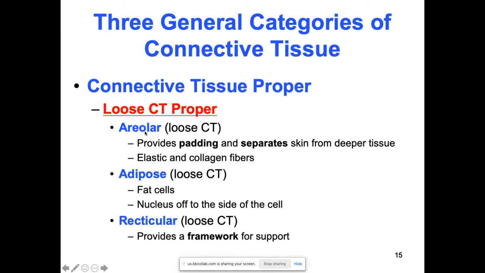So under loose connective tissue, there's areolar, adipose, and reticular. Areolar is that space that separates your skin from the muscle that's deep to it. So areolar is going to provide padding, and it separates your skin from the deeper tissues. And it's made up of elastic and collagen fibers.